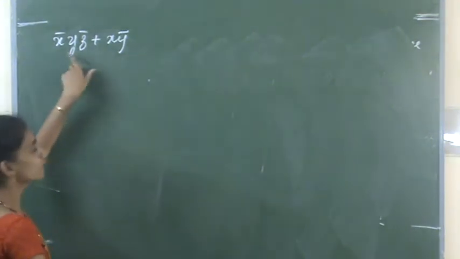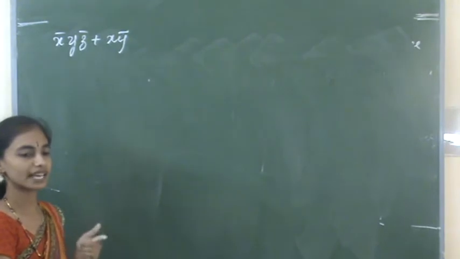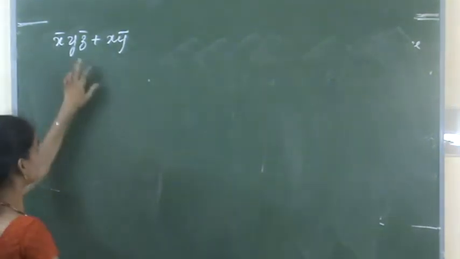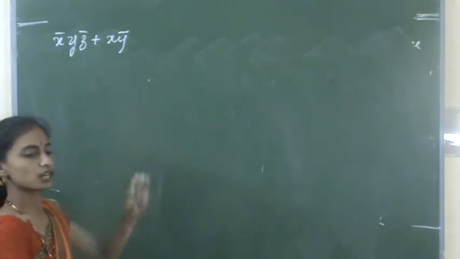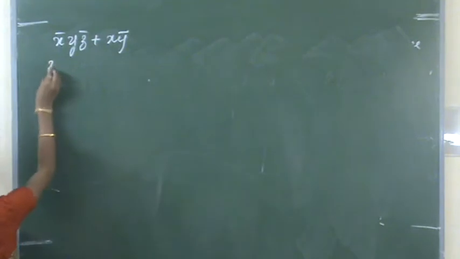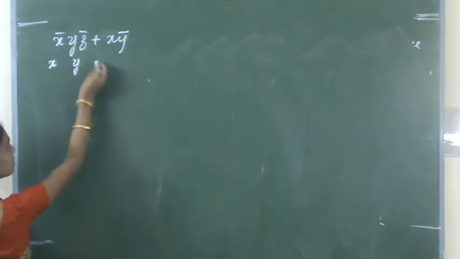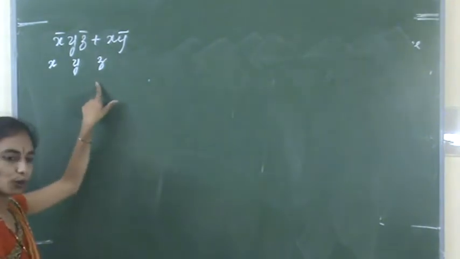Before, in the example, we took only 2 variables, x and y. In this equation we are taking 3 variables, so first we need to write x, y and z, and provide the input for them.